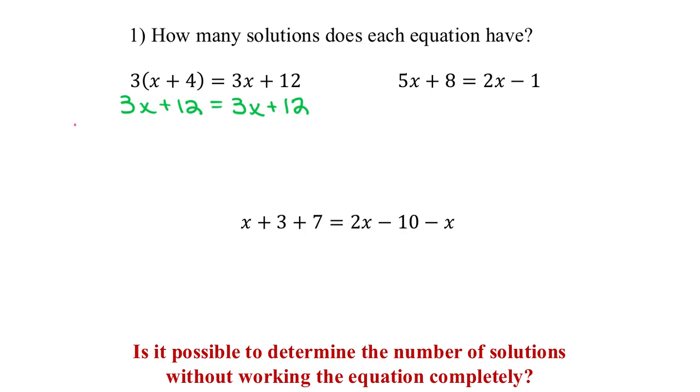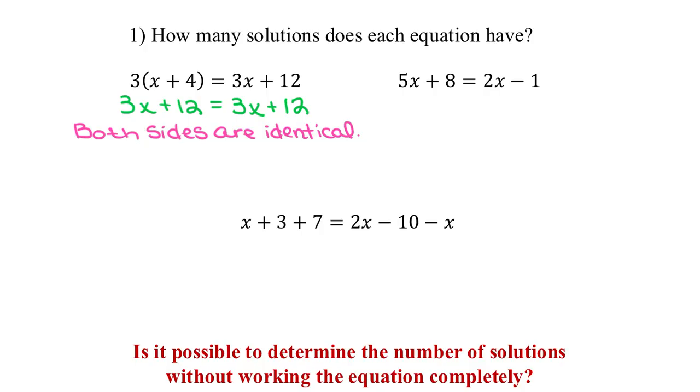Both sides are identical. This is one of those key things to keep in mind. Both sides of the equation are identical. They're not just equal, they are completely identical. Okay? The coefficient on the variables are the same.